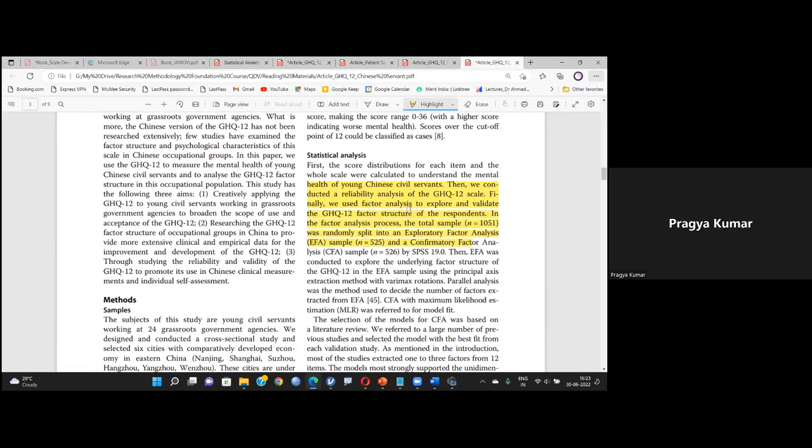Finally, they used factor analysis to explore and validate the GHQ 12 factor structure of the respondents. In the factor analysis process, they took a total sample of 1051 and randomly split that into an exploratory factor analysis and a confirmatory factor analysis, because in a 12 item scale, they must have thought that no item will be deleted because 12 is already a very small number.